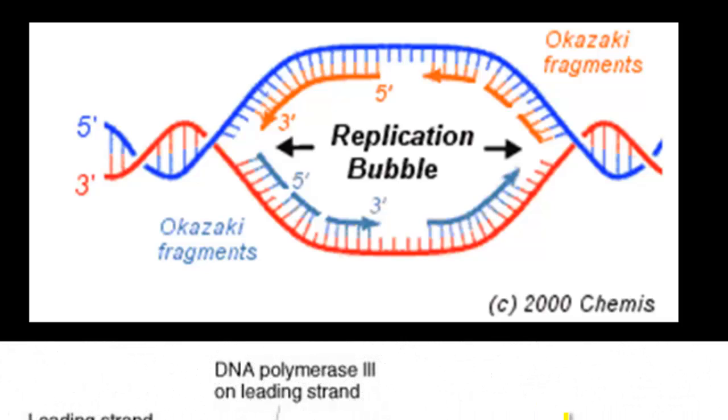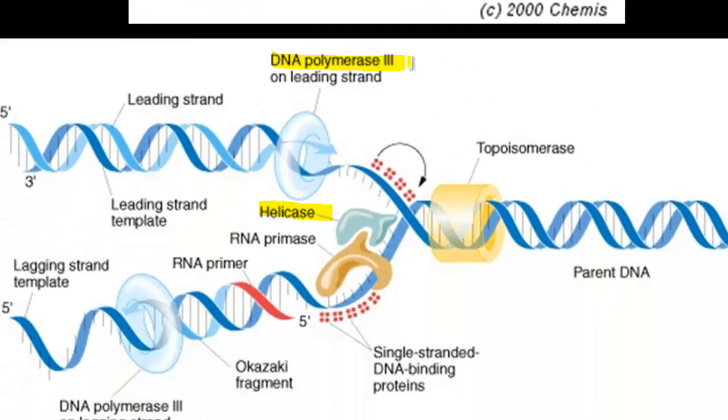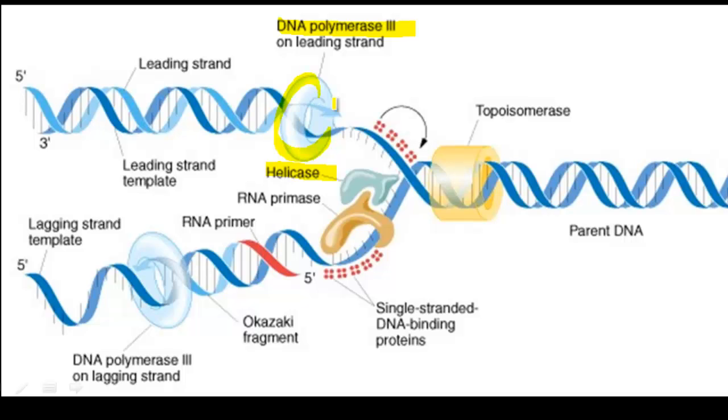Now all this DNA replication happens in what we call a bubble. Inside this replication bubble it's just copied a little bit at a time until the whole strand is copied. And of course there's two enzymes involved, helicase and DNA polymerase. Helicase cuts the bonds and DNA polymerase helps with complementary base pairing and joining that new sugar phosphate backbone.